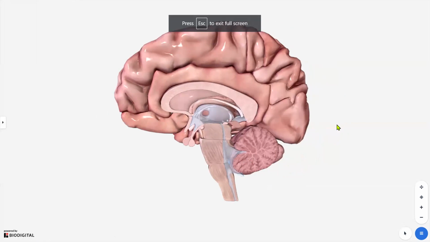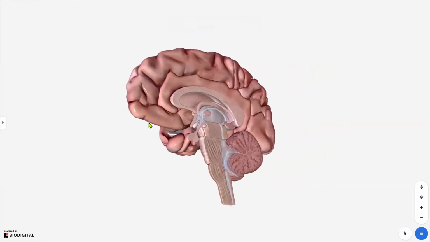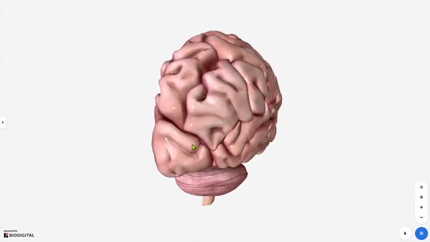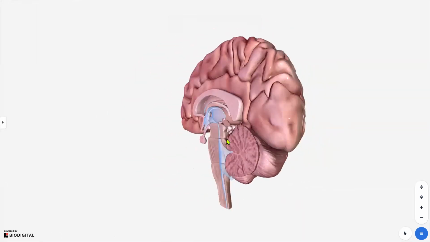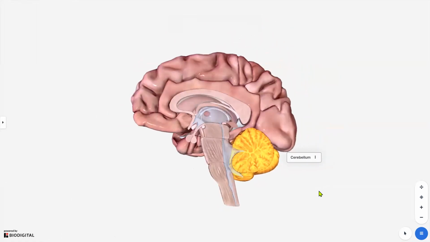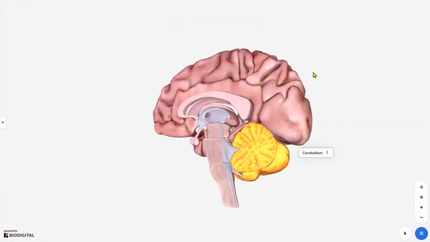Is this the right half of the brain or the left half? Yep, this is the right half. You can see the cerebellum is at the back, so this is the front.